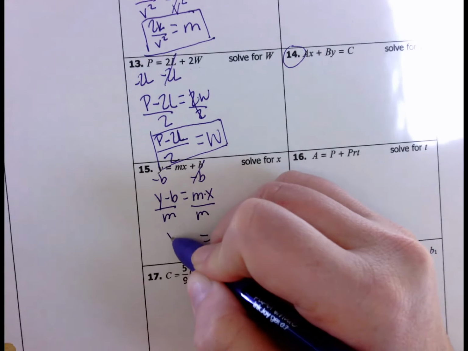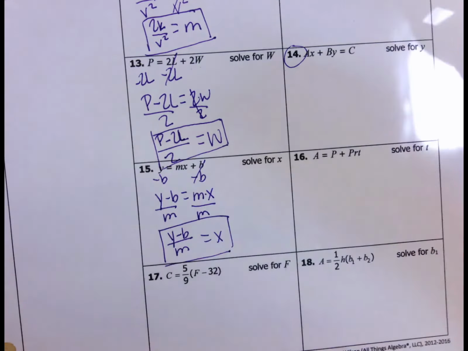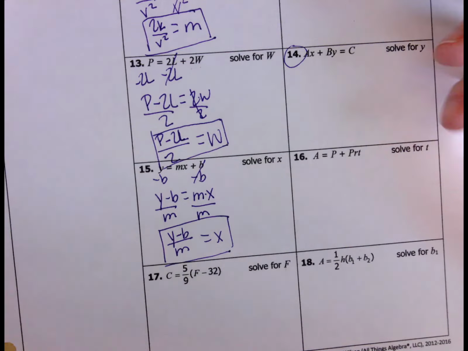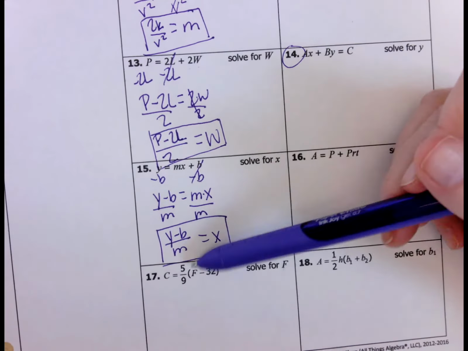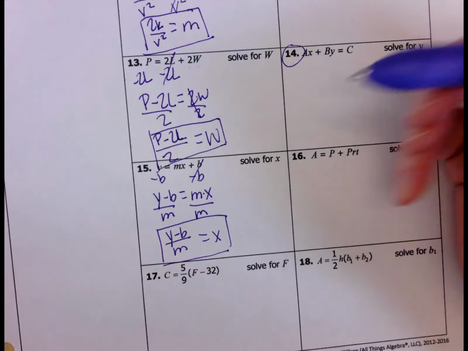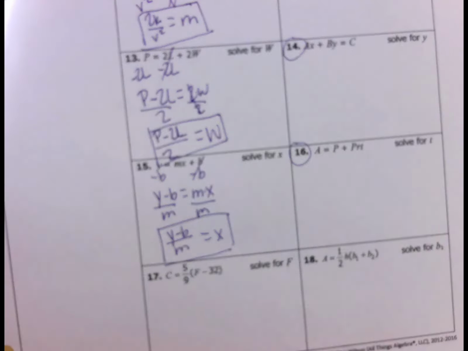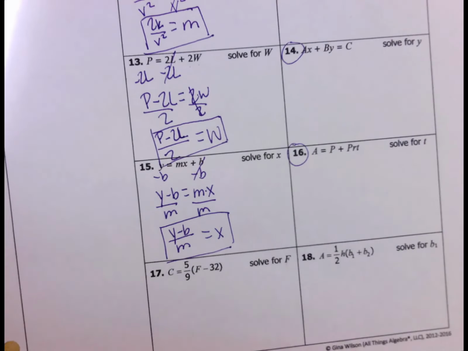And so x is equal to y minus b over m. Okay. Notice there's not a lot of simplification that's having to be done on the left side. I'm just kind of leaving things as they are unless we come across something that just can't be left as it is. So you're going to work on 16. It's going to be similar to that, so just keep using that same process.